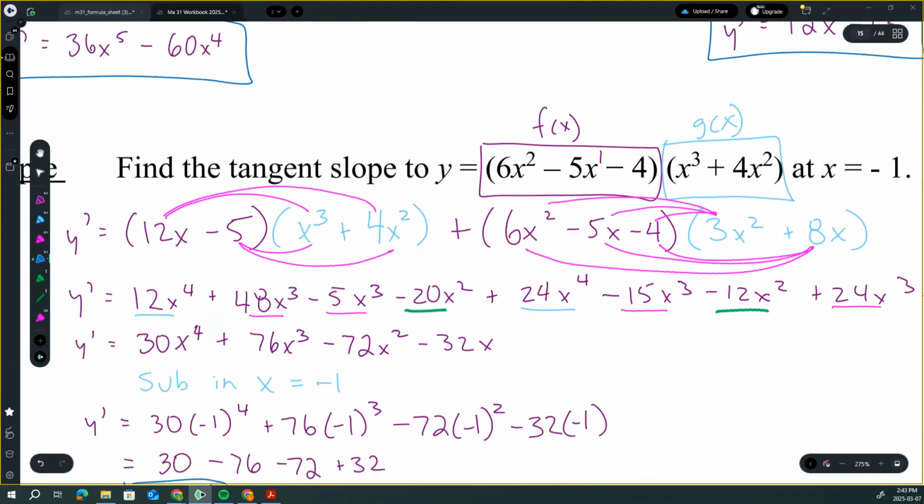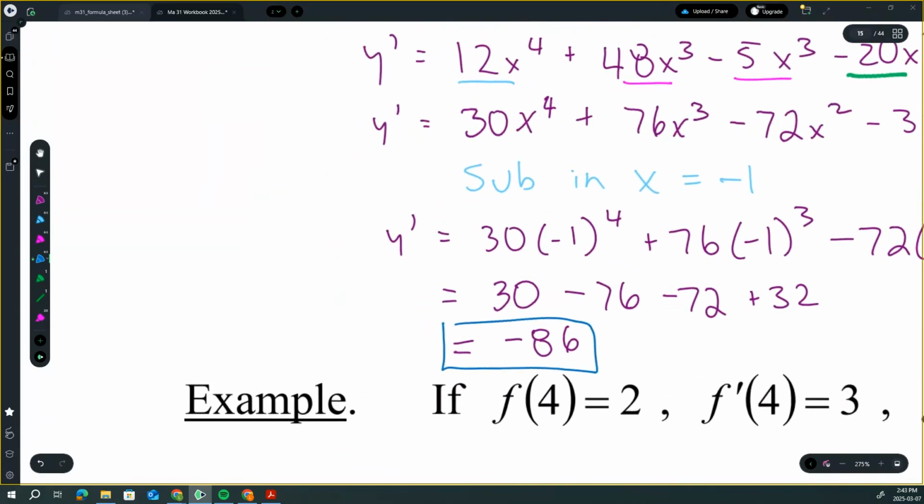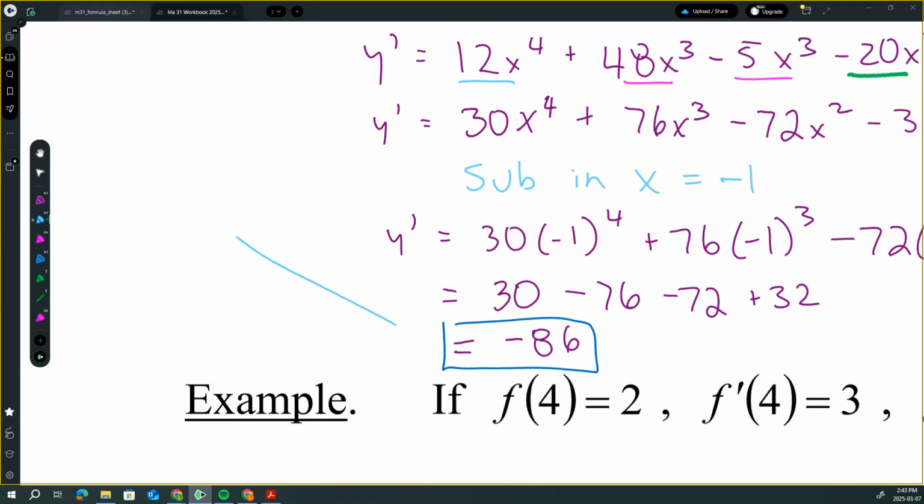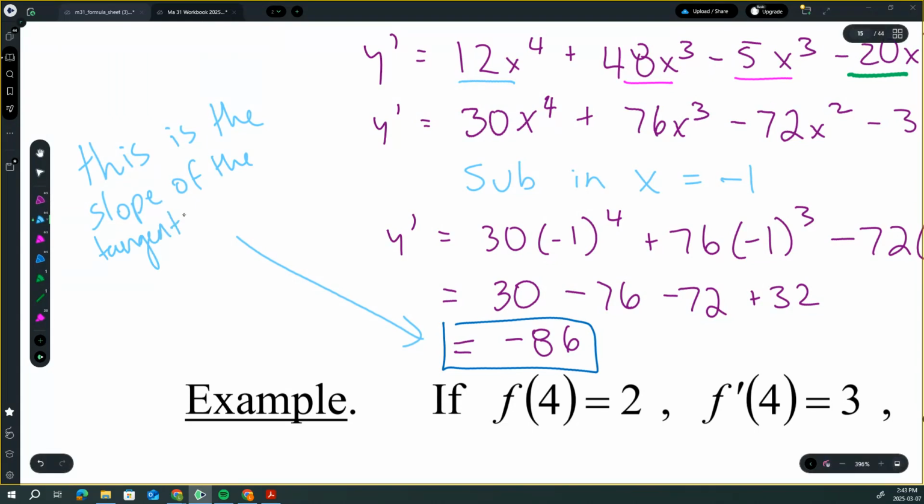I'm just going to write that as a side note so you can get context for what these numbers mean. This is the slope of the tangent line at x is equal to negative 1.